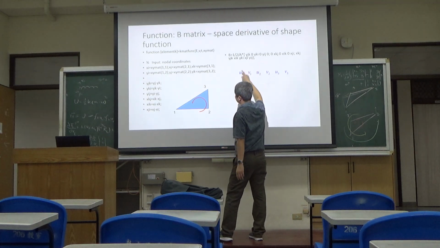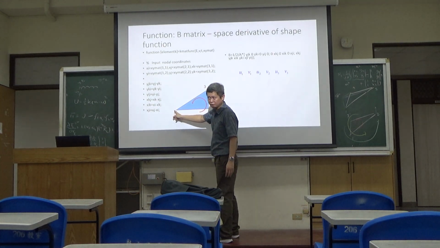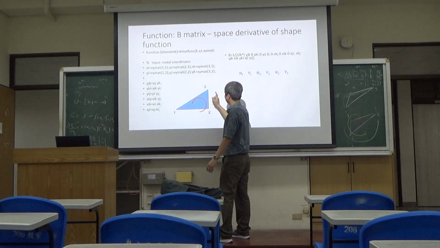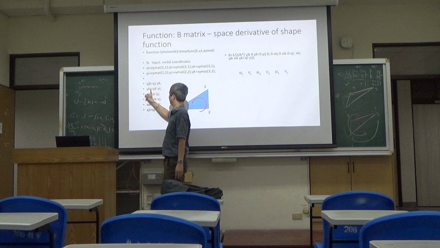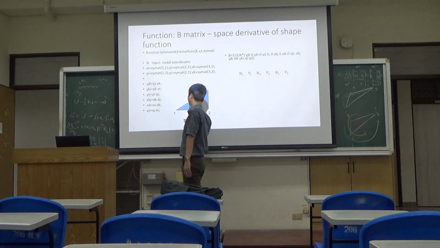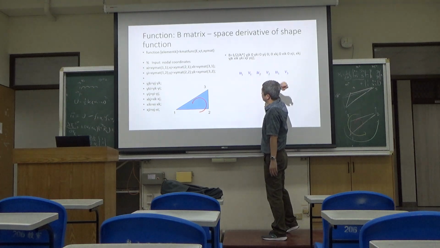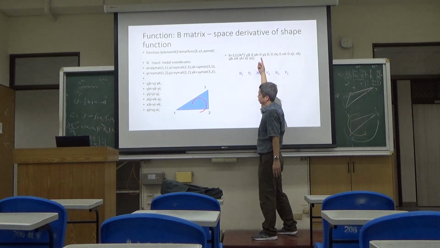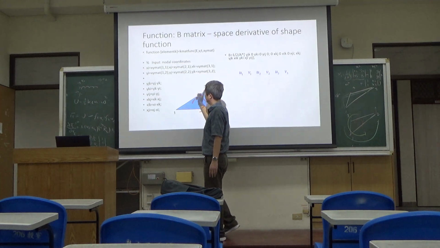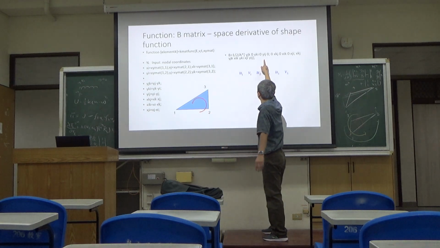Then for node 2 it is yKI, where yKI is equal to yK minus yI, for the third column. And then for the fifth column, for node 3, the opposite one is going to be yIJ.